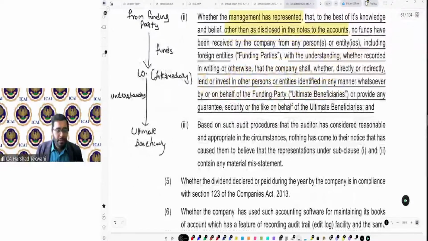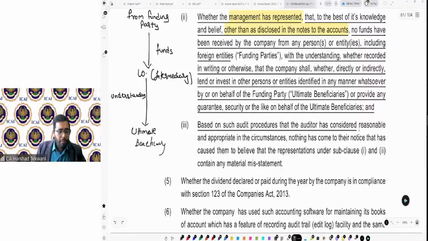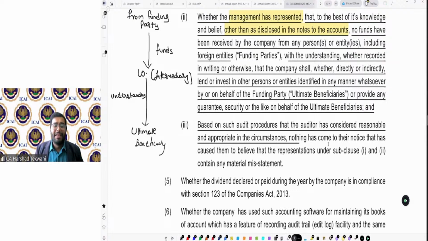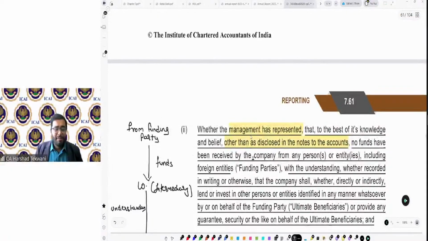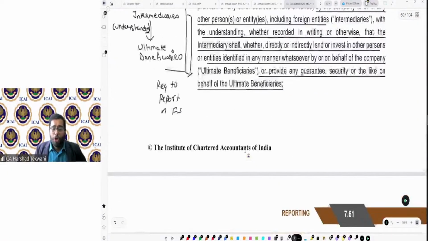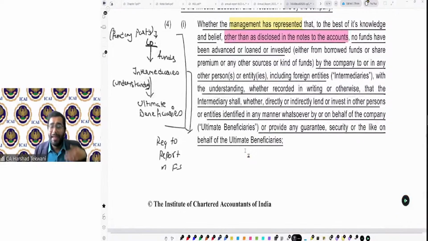The third point is based on such audit procedures that the auditor has considered reasonable and appropriate in the circumstances, nothing has come to their notice that caused them to believe that the representation made in 1 and 2 contain any misstatement. Means if any representation has been made by the management in 1 and 2, do you think that that is appropriate and correct, or have you identified any misstatement?